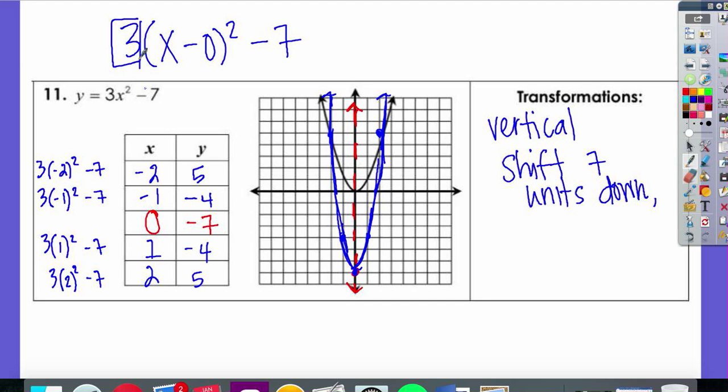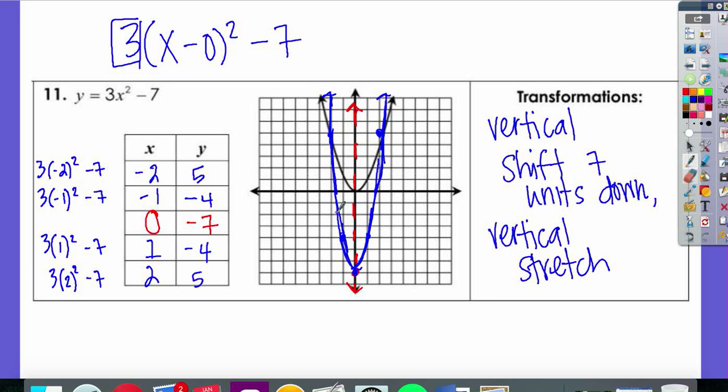If this a value, if this number out front is a whole number, or really even a fraction, but if it's a number greater than 1, it is going to cause the graph to get skinnier. We call that a vertical stretch. It looks like someone is taking the graph and stretching it.